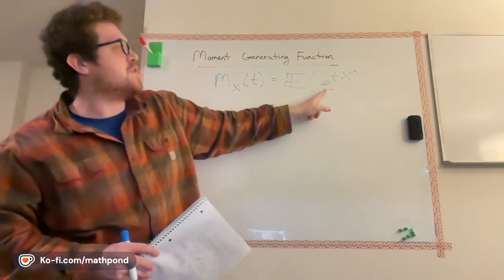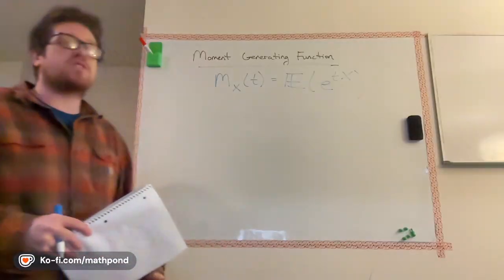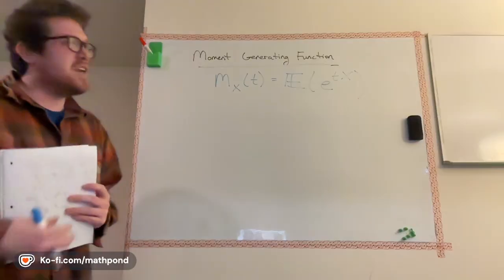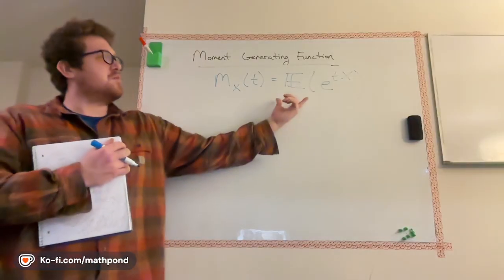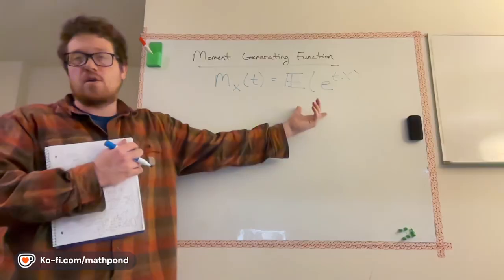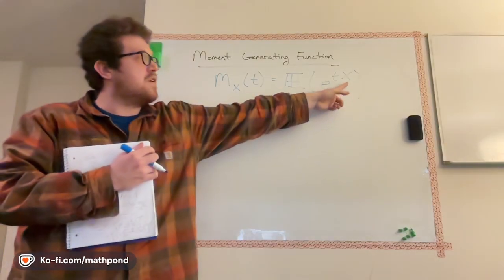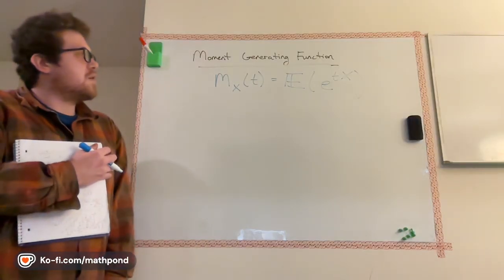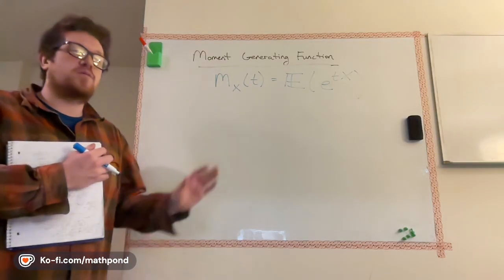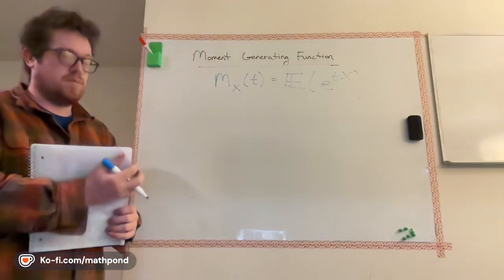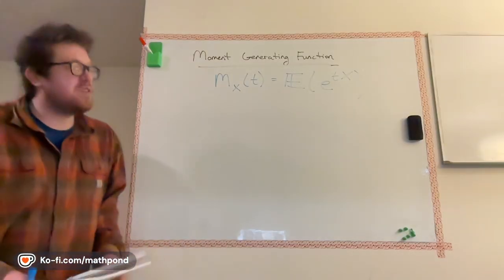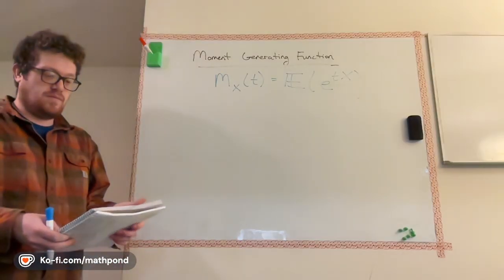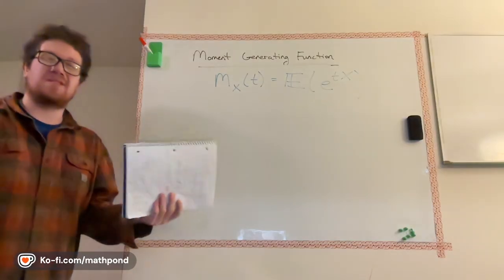So this is also some number, e to the tX is some random variable, and we're just saying what's the expected value, and this is just some sum, basically, or it would be an integral if your random variable was over an infinite probability space. But for now, we'll just be dealing with finite stuff. And why is this called the moment generating function? Basically, it generates the moments in some sense.